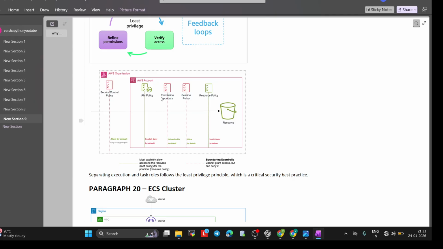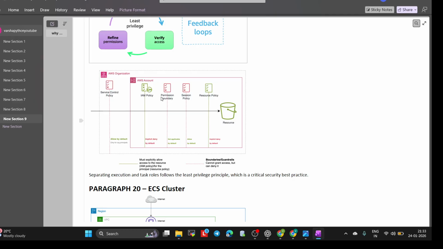Similarly, the ECS task role attached to the container should only allow access to the specific AWS services the application actually needs, such as read-only access to an S3 bucket, or limited access to Secrets Manager.